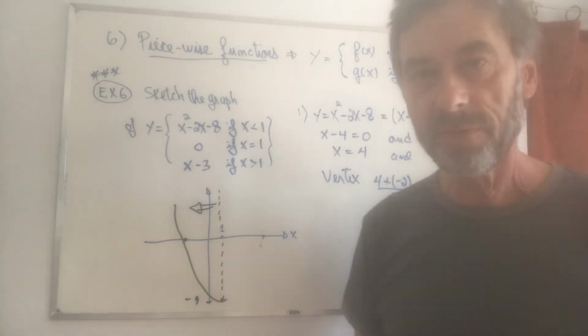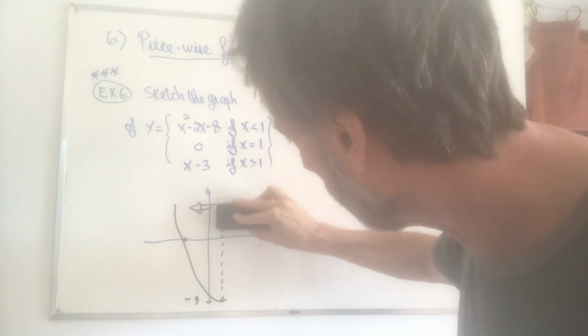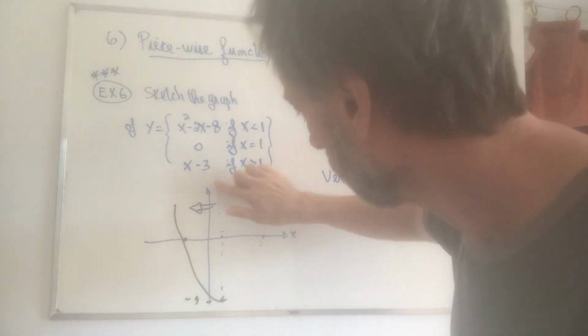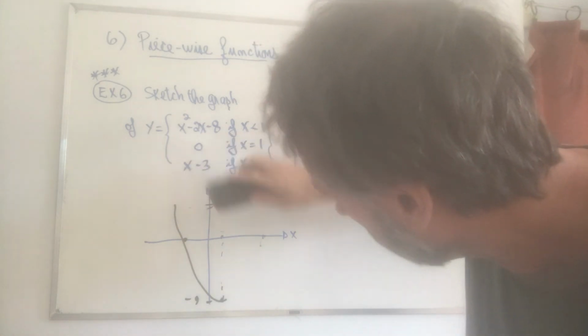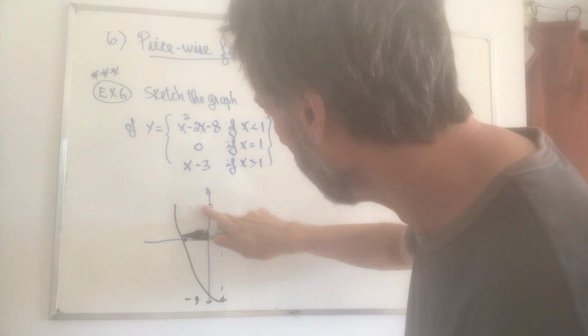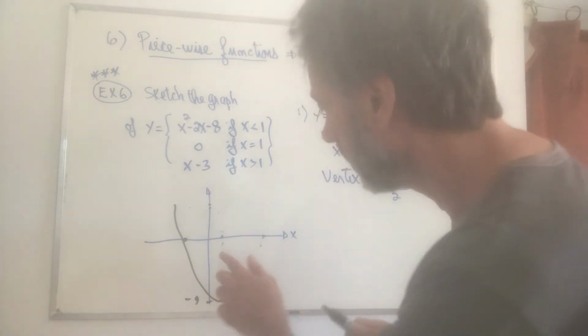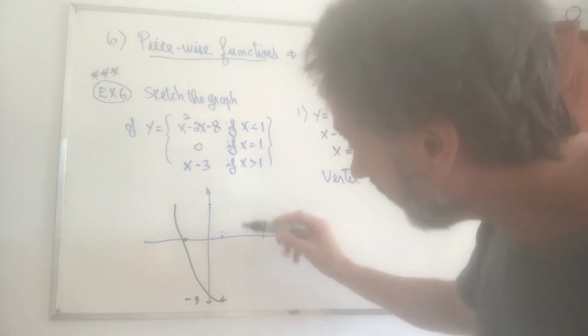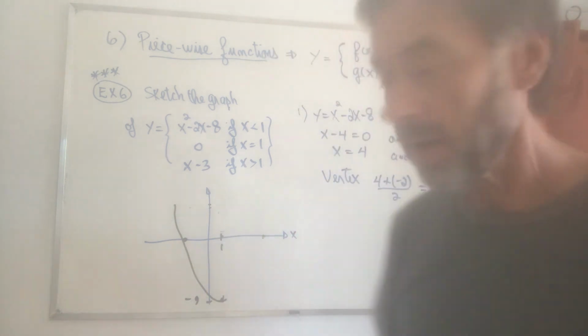And that's the graph of the first part. All right, I'm just also going to get rid of this ugly arrow. Now one detail remains to be checked out. And what is that detail? That detail is at the point 1, right there.